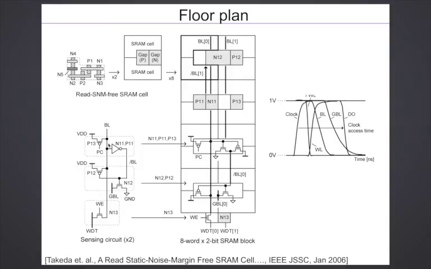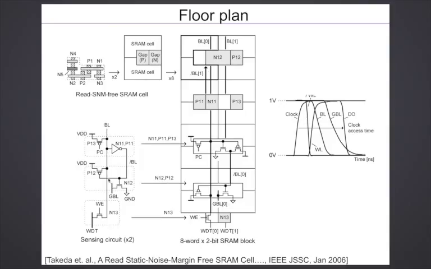So they take a column of 8 cells, and there are 2 columns, 8 by 2. So there are 16 cells. There are 2 bit lines, BL0, BL1. For any particular bit line, this is how they sense. Imagine each of these is a cell. There are 8 cells here, we are only showing 2 of them. The read bit line is pulled down to 0 by one of the cells, whichever is turned on, right?